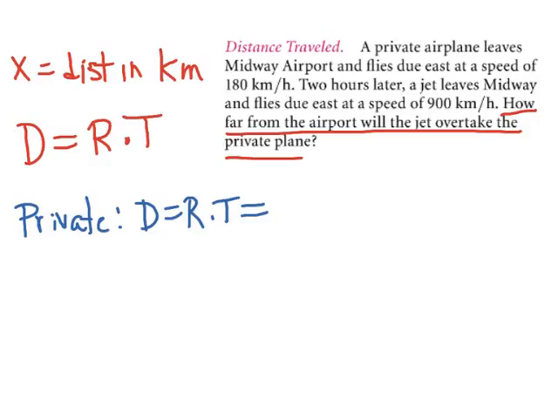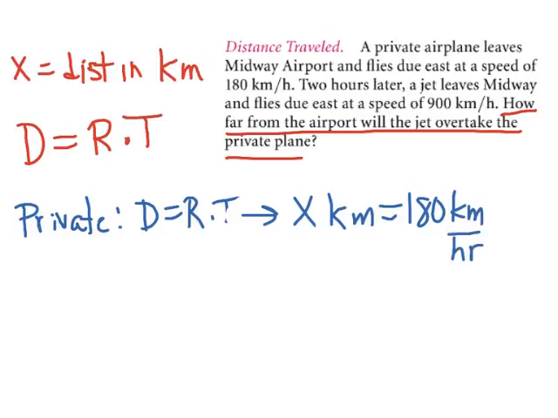So, do we know the distance? No, I don't think we know the distance, right? We called that x. So x equals rate. I know its rate. Its rate is 180 kilometers per hour times the time.